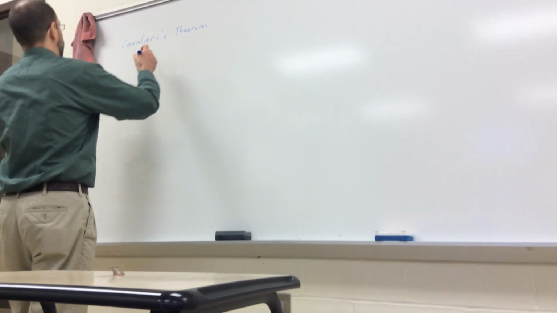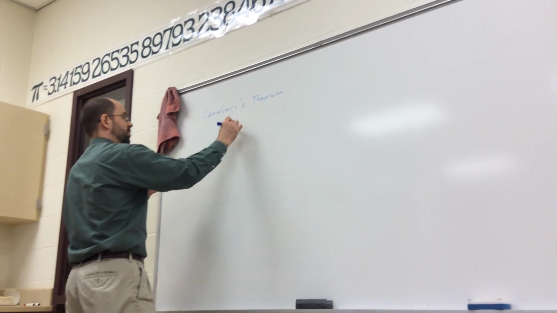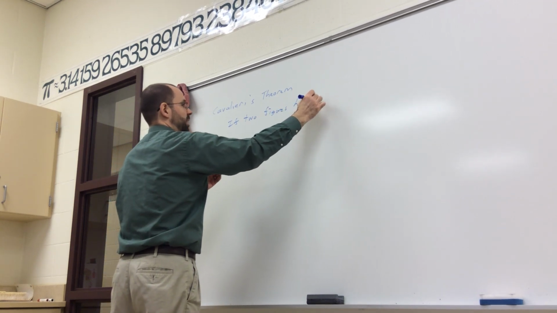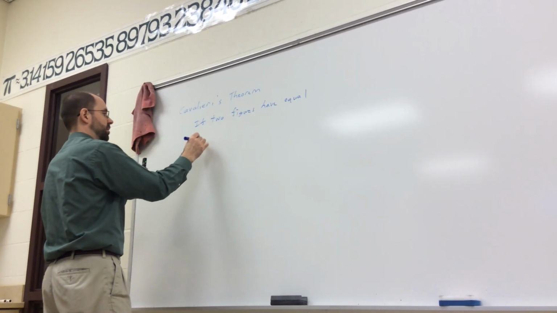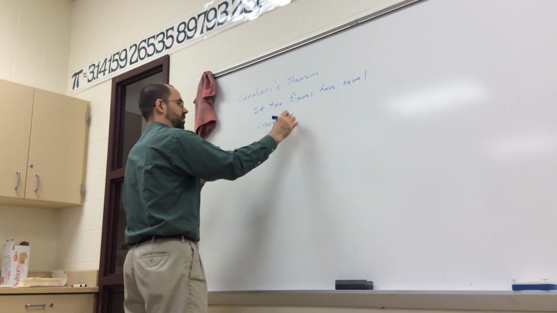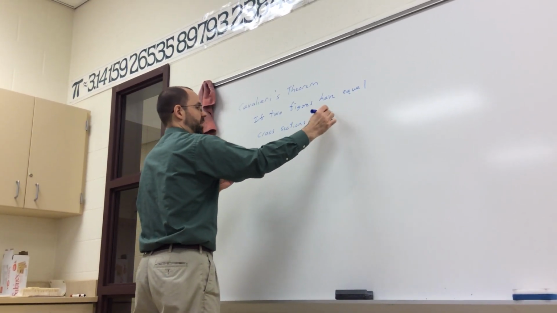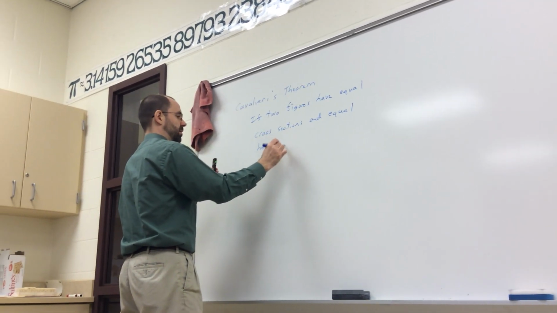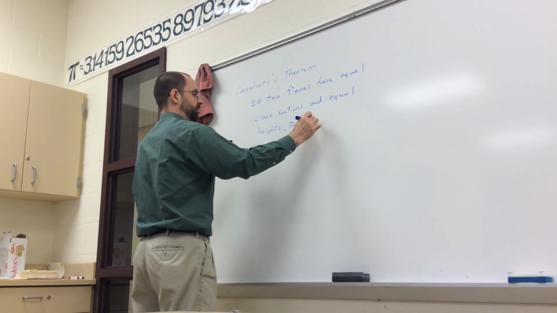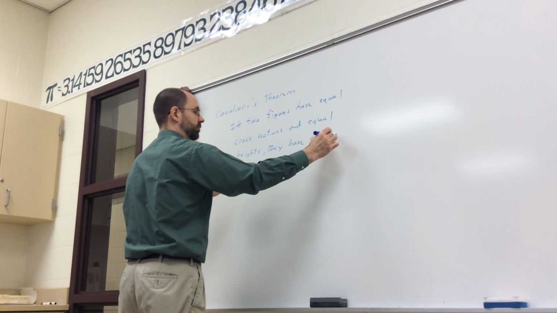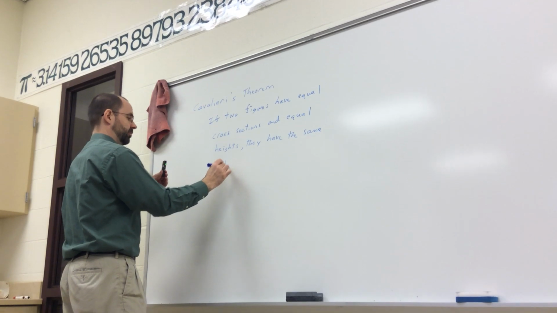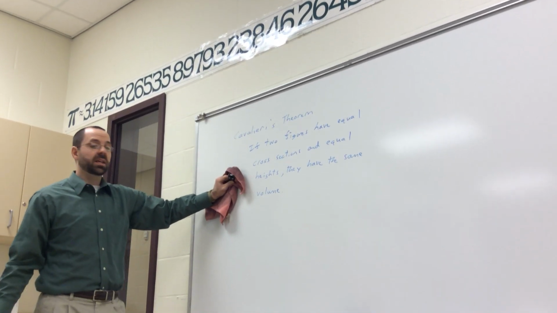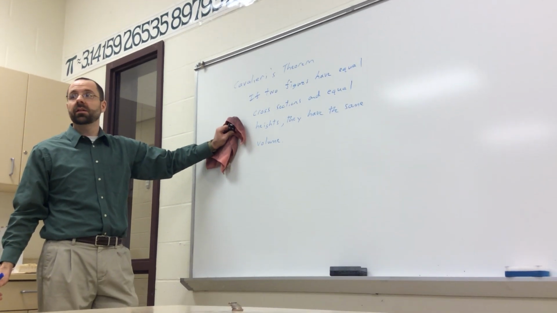So if two figures have equal cross sections and equal heights, they have the same volume.